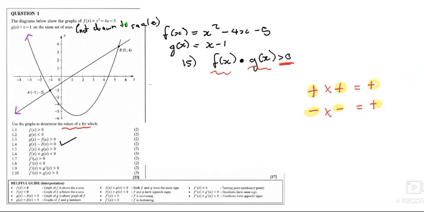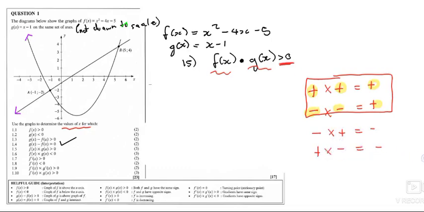Okay, not grade 1. But understand this box over here. You're going to need it. Now to stretch it, for you to get something negative, you have to multiply something negative with something positive. You're going to get a negative. But if you multiply something positive and something negative, the answer still will be negative. That's what they mean. If you multiply positive 1 and positive 1, you get positive 1.